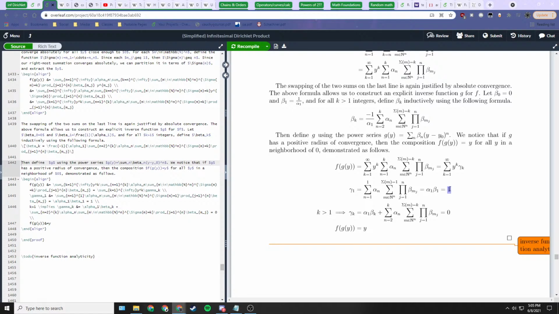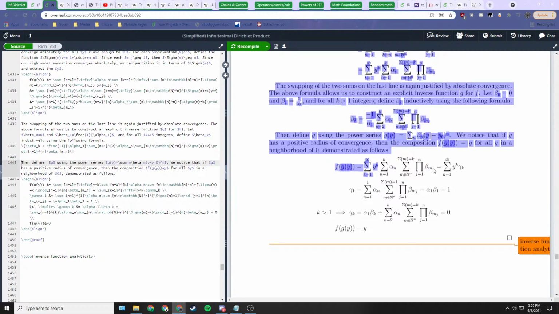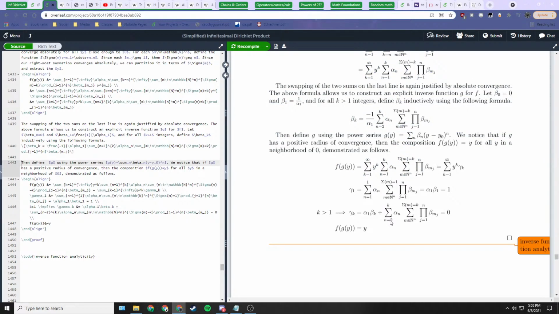So this is 1. And then for any k greater than 1, our gamma k is, we just take the whole definition for gamma, which is this whole mess. We just extract the n equals 1 term, which ends up being alpha 1 beta k. We just extract that n equals 1 term, and we're just left with this whole summation. But this summation, right, this is just beta k times alpha 1.